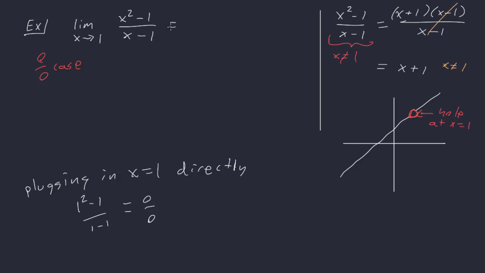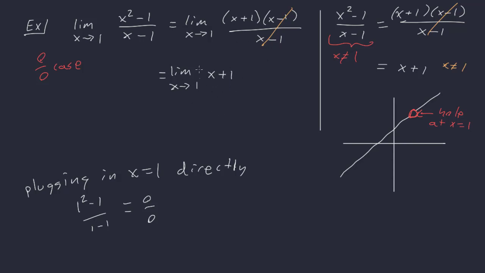So what I'm going to do is say the limit as x goes to 1 of x squared minus 1 over x minus 1 is the same thing as the limit as x goes to 1 of, we'll just factor the top, x plus 1 times x minus 1 all over x minus 1. Now the x minus 1's cancel, and we're left with the limit as x goes to 1 of x plus 1.